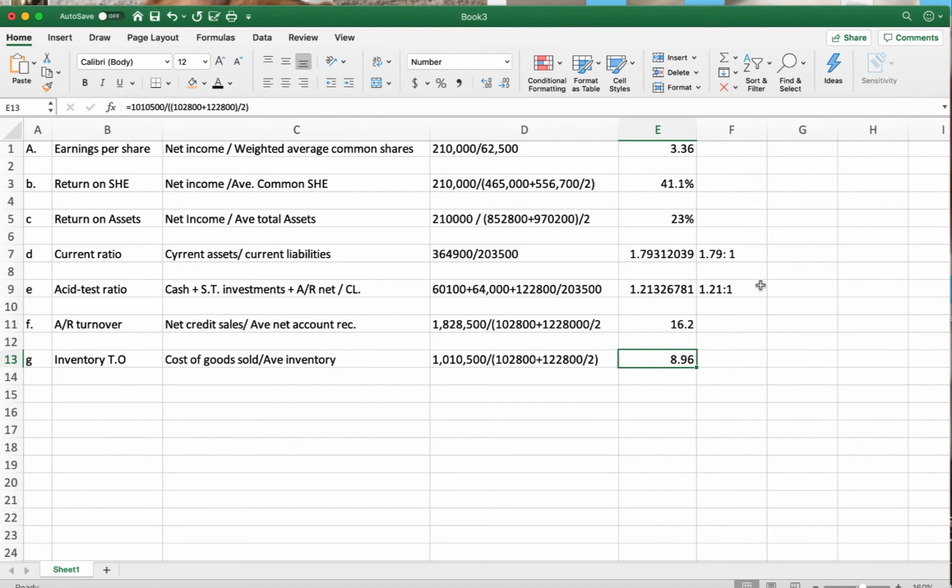That means that they turn over their inventory 8.96 times in a year, okay?